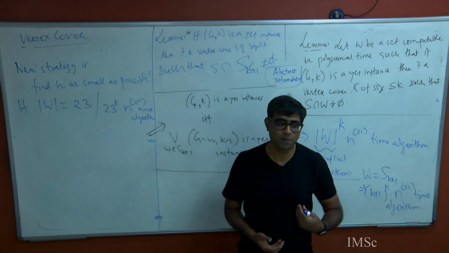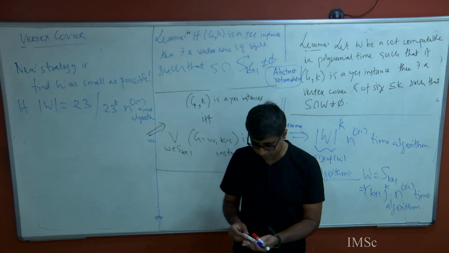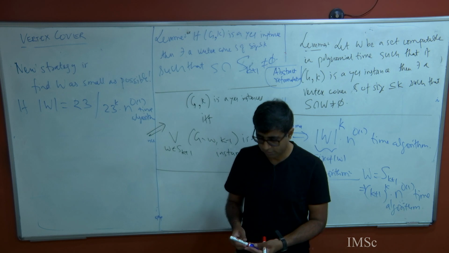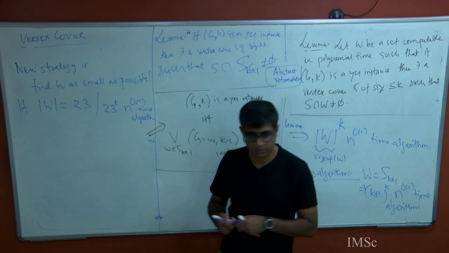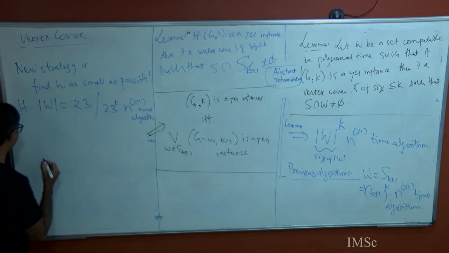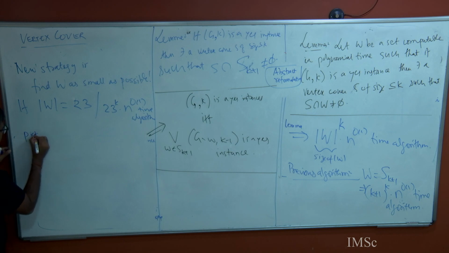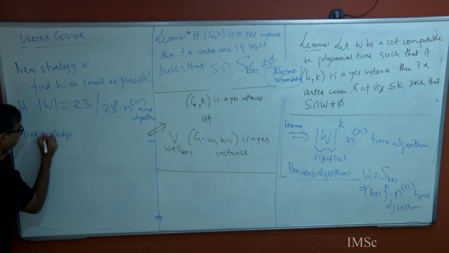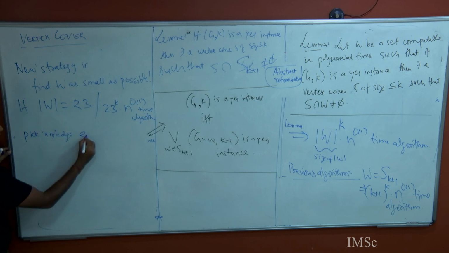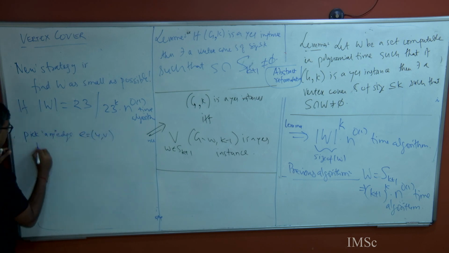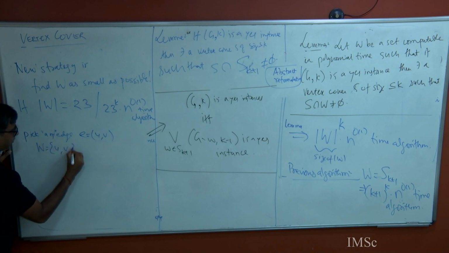So pick any edge e, say e equals (u, v), and W equals {u, v}.